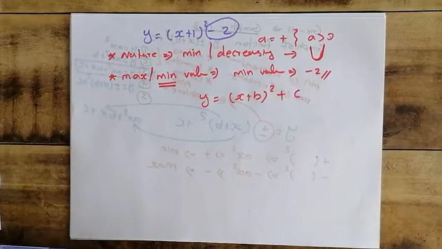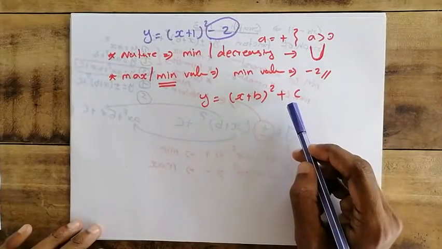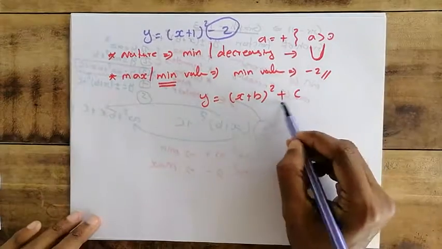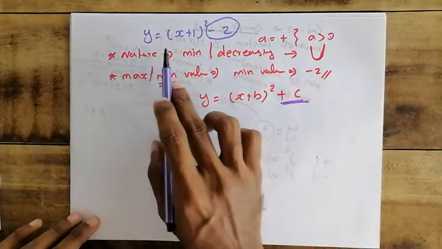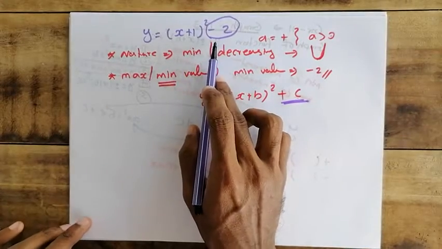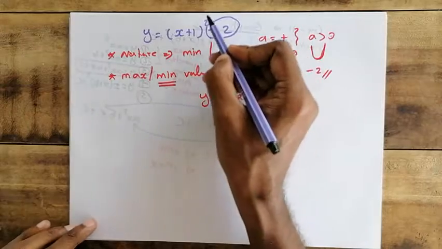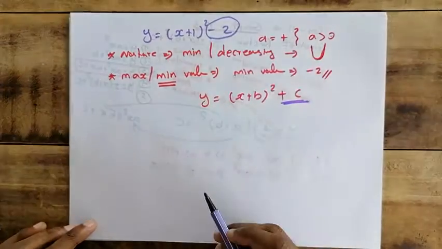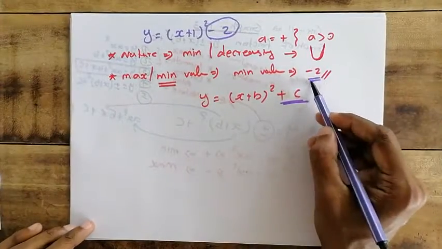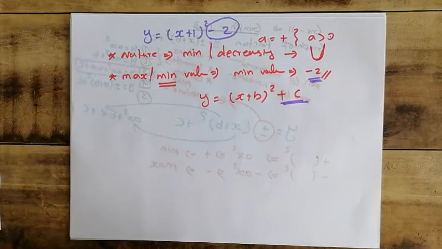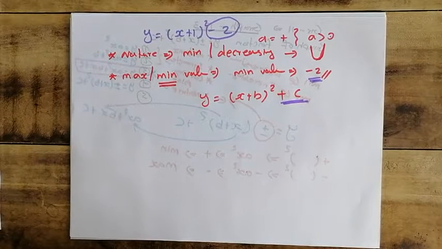In the position of c, in this equation we have minus 2. So the same value of minus 2 will be the answer for the minimum value. So now you got the connection between c and the minimum value.